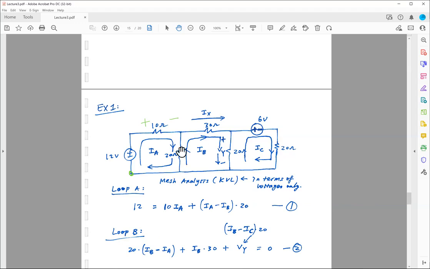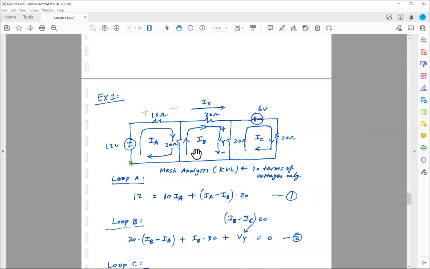And this voltage drop is equal to the net current flow, assuming IA is more dominant than IB, multiplied by the 20 ohm resistor. So I have 3 elements, and that will give me 3 terms: 1, 2, and 3. This is my first equation, and we just have to repeat it 2 more times and solve for the unknown variables.